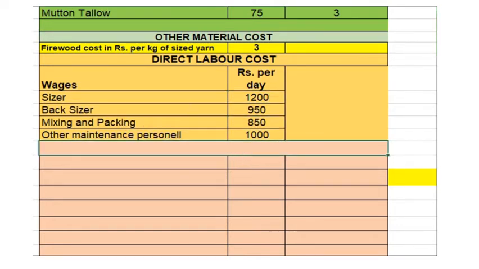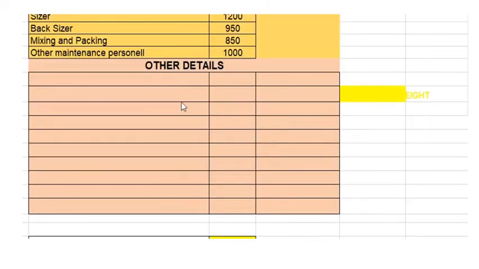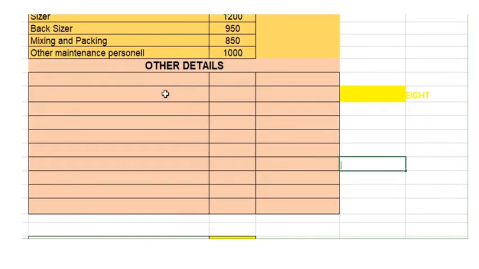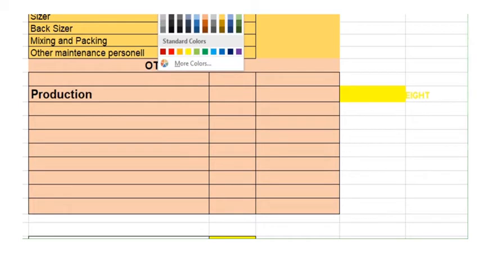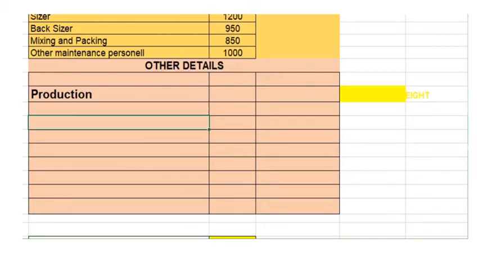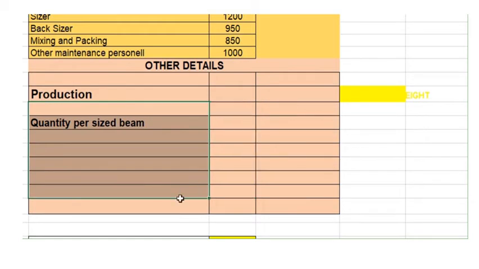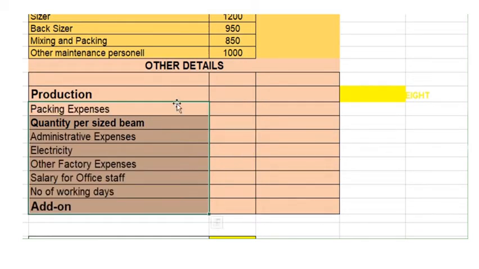And next, let us go to the other expenses. The other details that are given are production, and the quantity per sized beam, and other cost related data like packing expenses, administrative expenses, electricity charges, other factory expenses, salary for the office staff, and the number of working days.